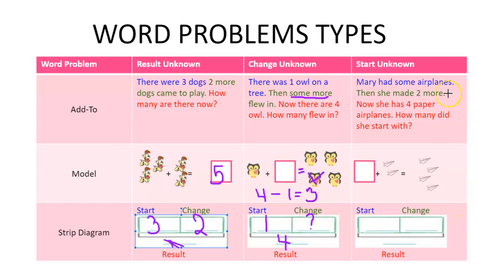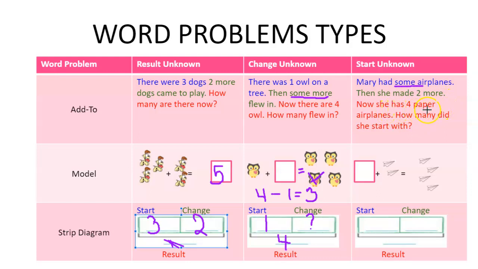Now, the next word problem is where we have a start unknown. So that means the part that we start with in the word problem is what we don't know, and that's what we're trying to figure out. So I have Mary had some airplanes. Then she made 2 more.